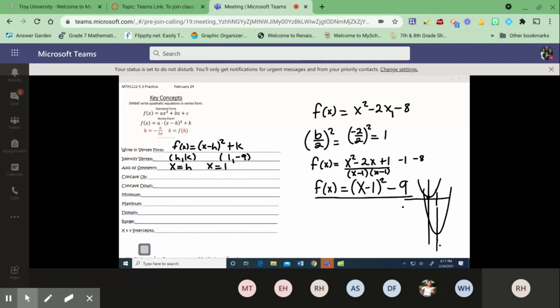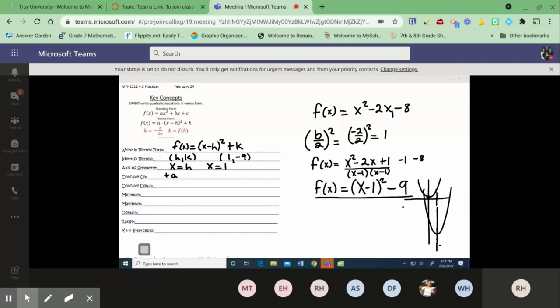What does it mean to be concave up or concave down? Yeah, exactly. Now, how do I know if I'm concave up? Yeah. A is going to be positive. That's going to make my graph go this way, right? I got that U shape.